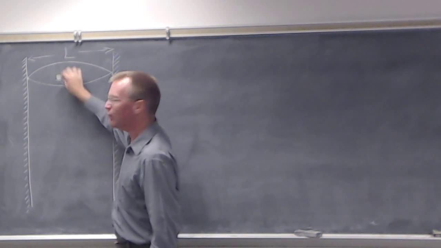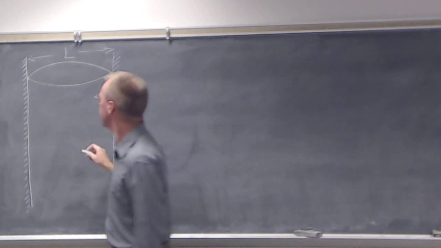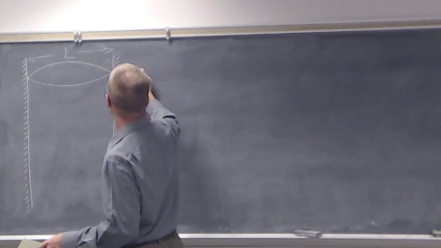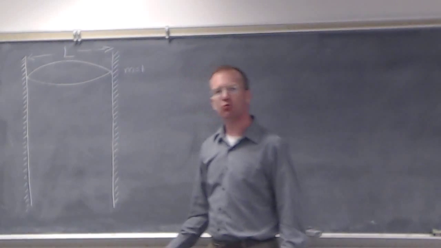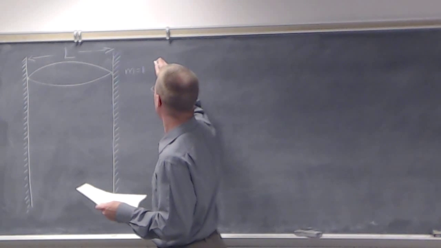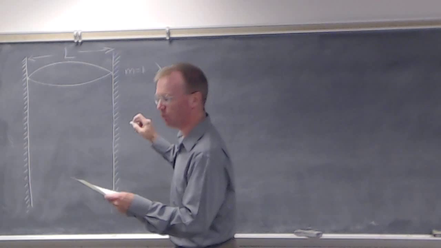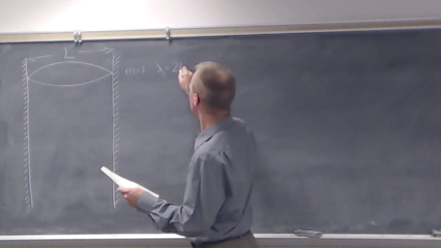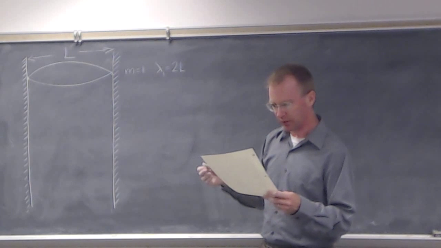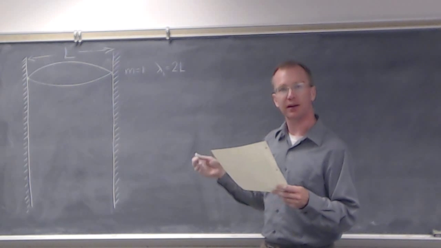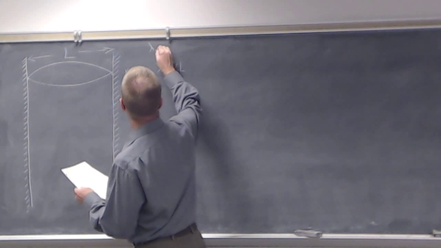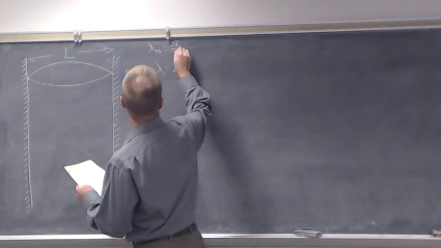So it vibrates between these two limits here. This one is for m equals 1, mode number 1. It's going to have a wavelength, lambda 1, of 2L. If you look back in your notes on the equations, lambda is 2L over m. I should write here, lambda m equals 2L over m.